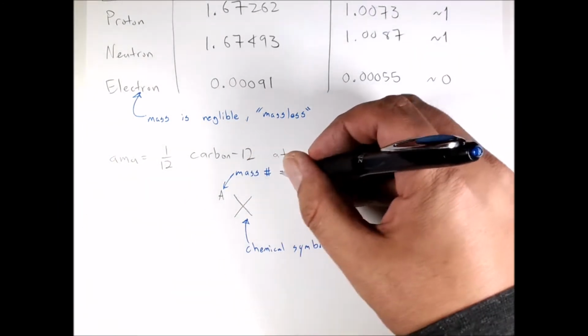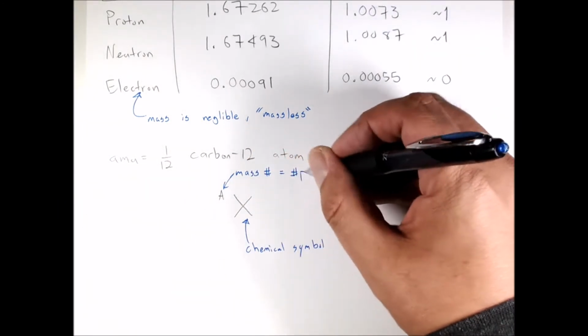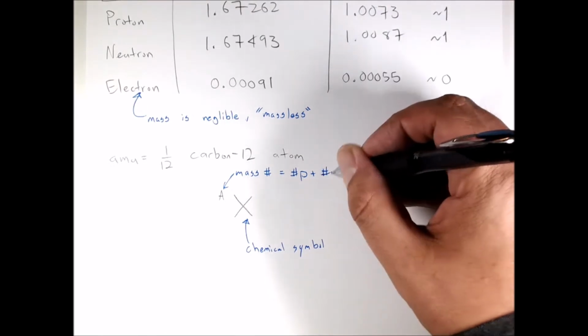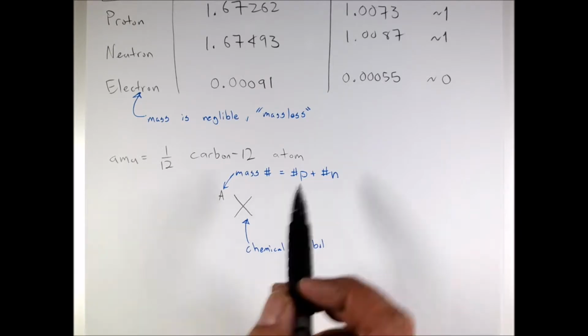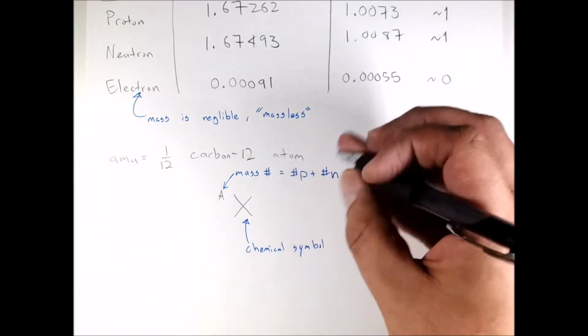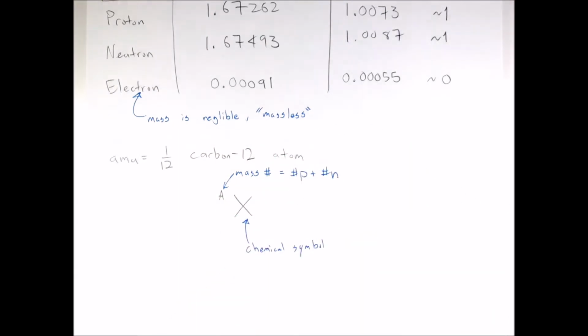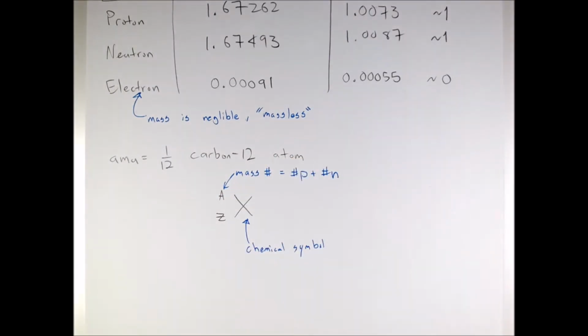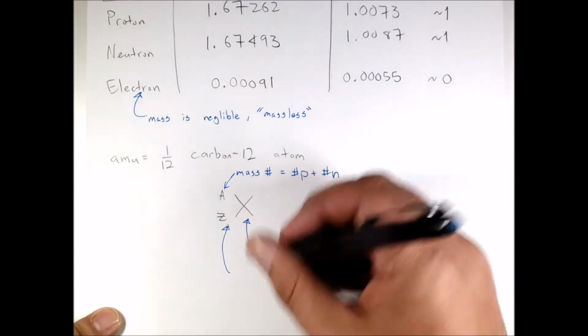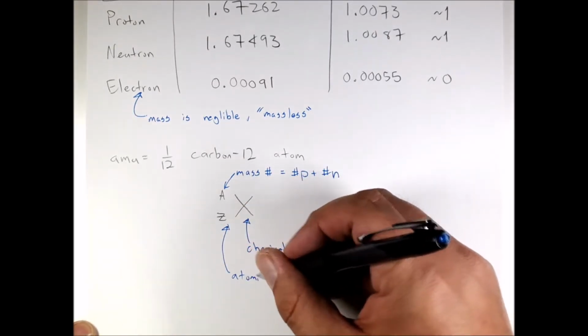That is equal to the number of protons plus the number of neutrons. Remember, that's where all the weight comes from, right? So we're going to say that that is the overall mass. And then lastly here, on the bottom here, is the Z number. And recall that that is the atomic number.